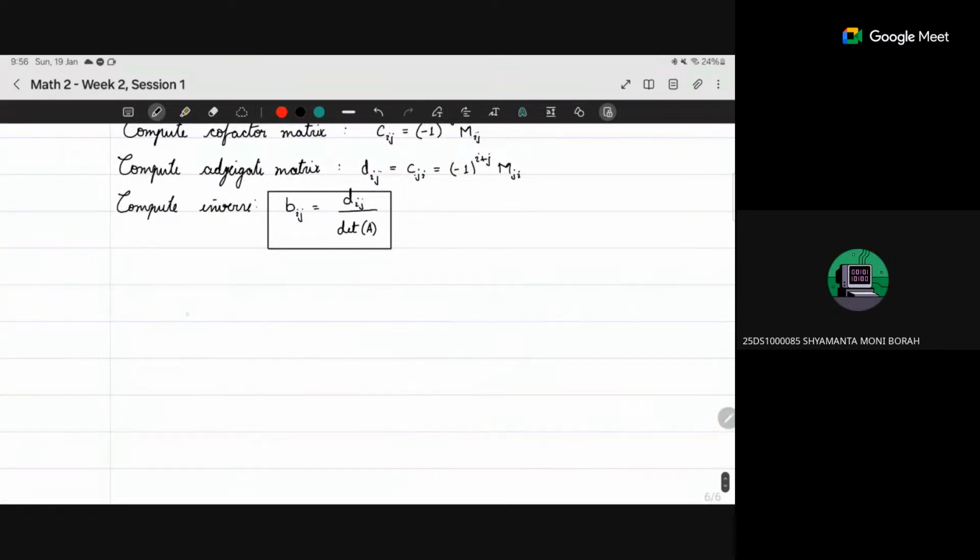Now come to the solution of a system of equations Ax equal to b. Once again, whatever we do using determinants, our end goal in some sense is to analyze the system of equations. Understanding the system of equations is our objective.